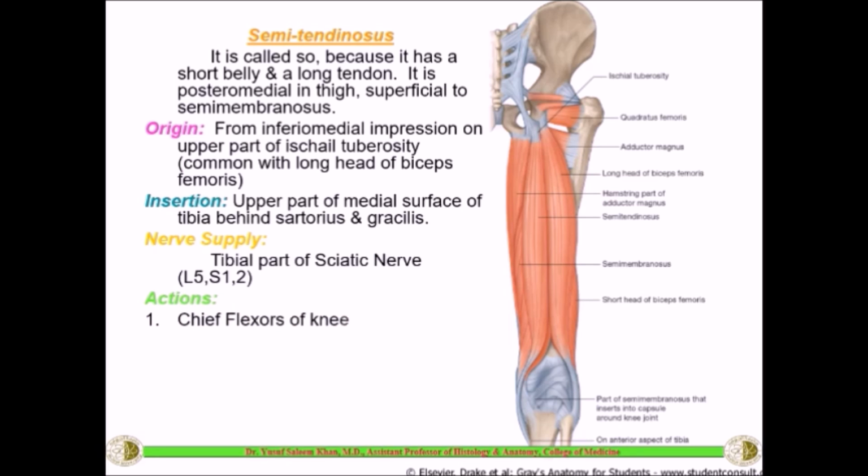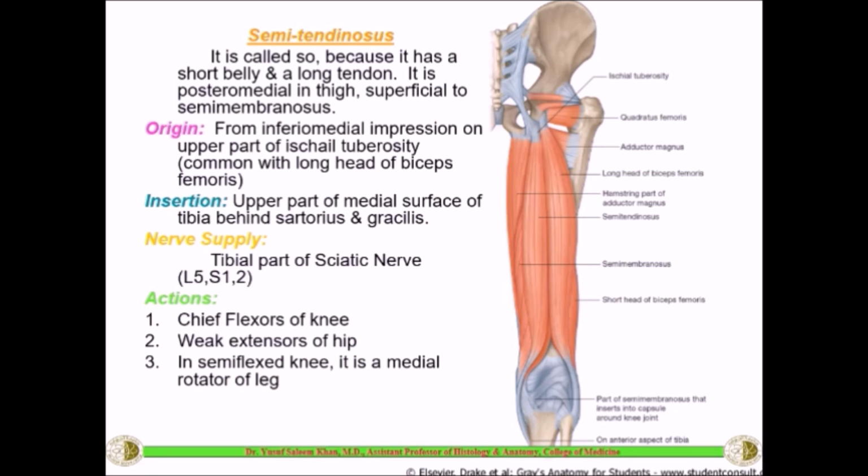The actions, as you already know: it is one of the chief flexors of the knee. Along with that, as I said before, it also acts as the weak extensor of the hip joint. Apart from these two actions, in case of a semiflexed knee, it also acts as a medial rotator of the leg, or the knee joint.